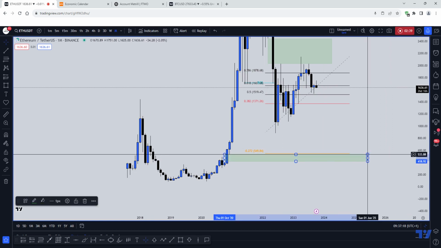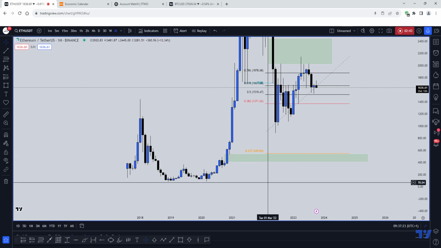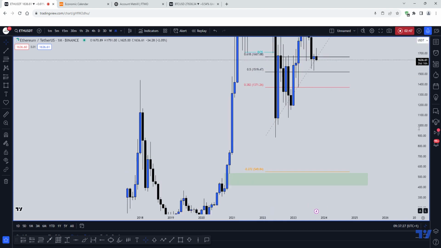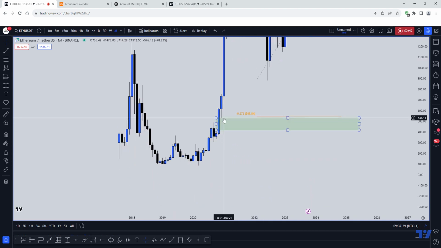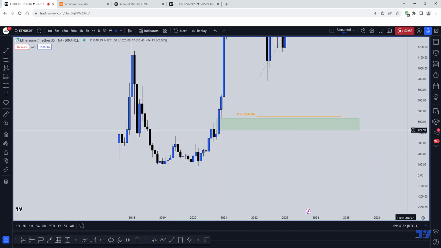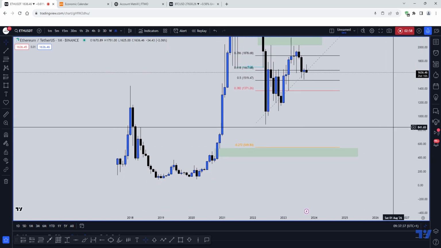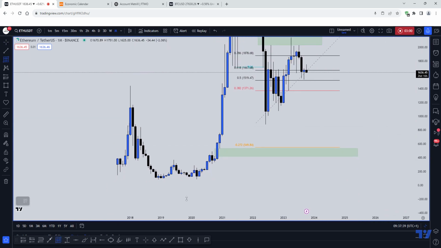What I've also spotted is that by the minus 0.272 Fibonacci extension target, we have an area of monthly imbalance, from this wick high to this wick low on this breaker candle, and that should get filled. So that is a significant move to the downside that we could potentially see here on Ethereum.